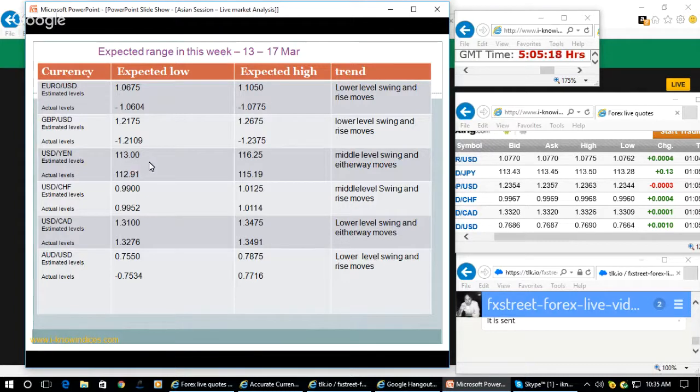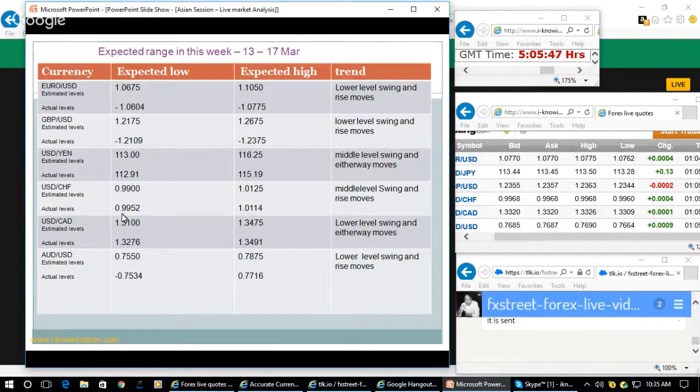In the case of yen, they came down to 112.91. The expected low was 113, and they went up to 115.19 on Monday. They are expected to gain levels again when Euro and GBP are gaining, as you see that contrarian move is happening already. Then they will slowly go to 114 and above.